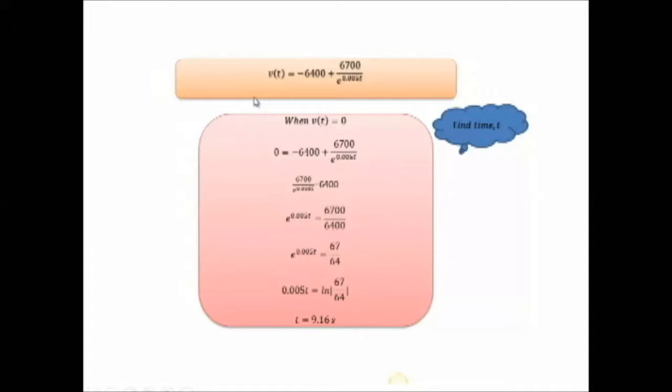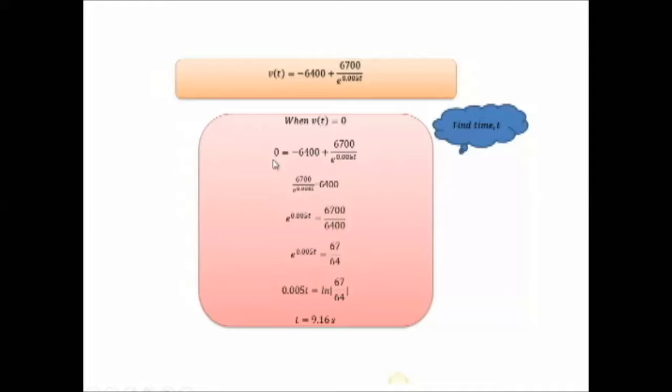Okay, when we want to find the maximum time, we must put v equal to 0, because when we reach the maximum height, the velocity equals 0. So we substitute the velocity equal to 0 into this equation.